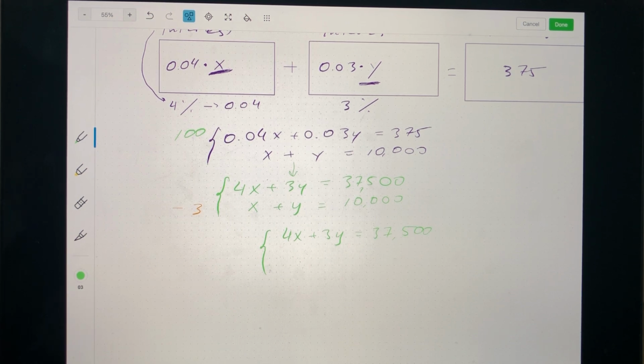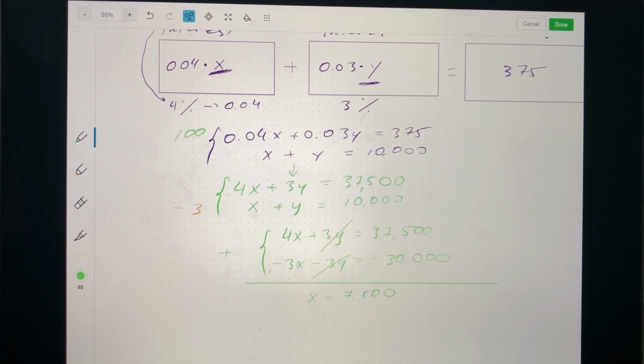The second equation becomes -3x minus 3y is negative 30,000. Now if we add them, the y's cancel off and we get 4x minus 3x, that's 1x, equals 37,500 minus 30,000, that's 7,500.